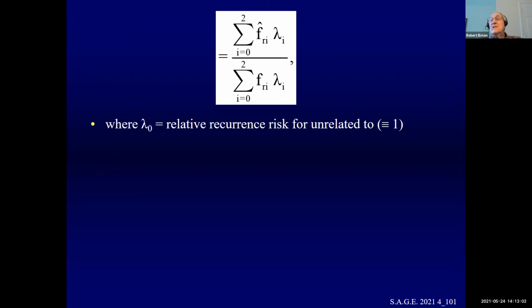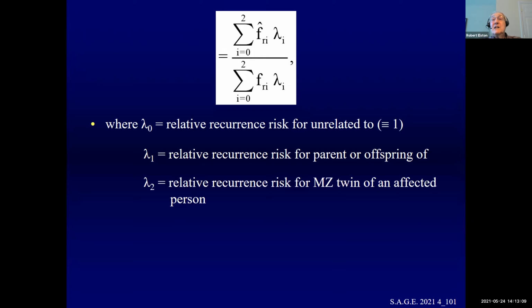For unrelated, it's 1. The relative recurrence risk for parent-offspring is lambda 1, and for monozygotic twins it is lambda 2. We sum over the three possibilities. Here we have the probabilities of 1, 2, and 3 alleles identical by descent based on the relationship only. Here it is estimated at the marker location.